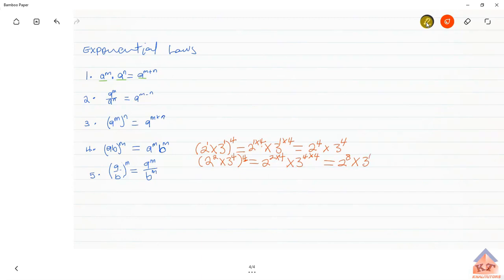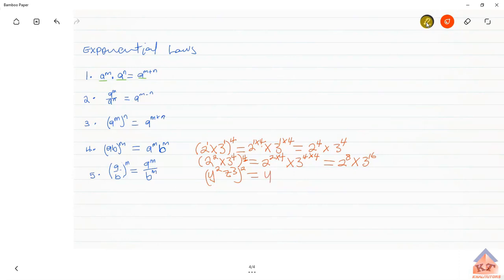In most cases, in exams or assignments, you will find such questions in terms of variables. You'll be given variables like y to the power 2 or z to the power 3, all enclosed in brackets raised to the power 2. If you're given a situation like this, you use the same principles.